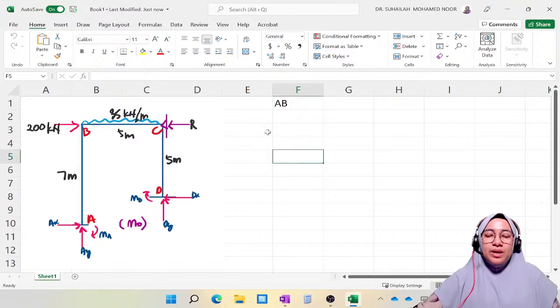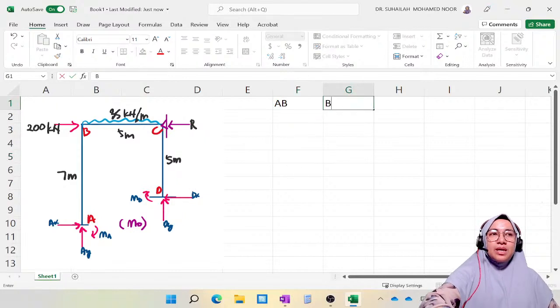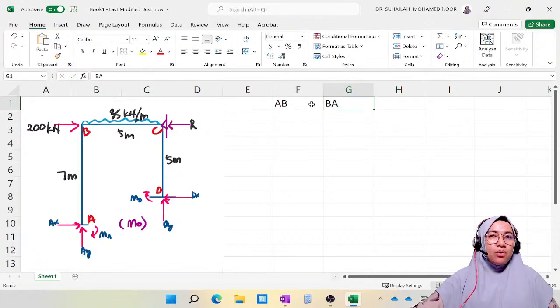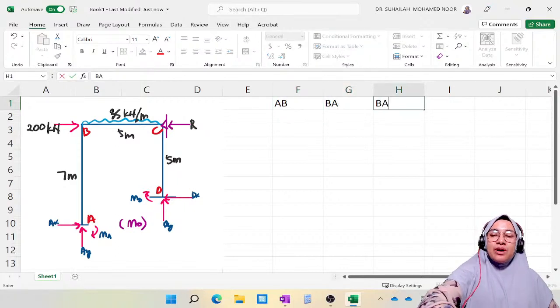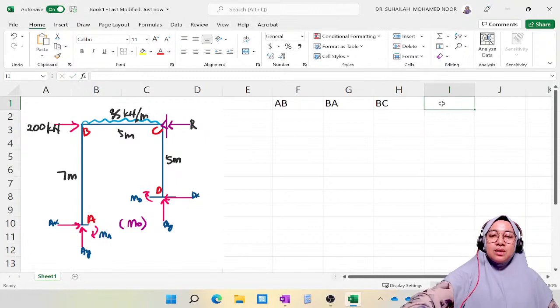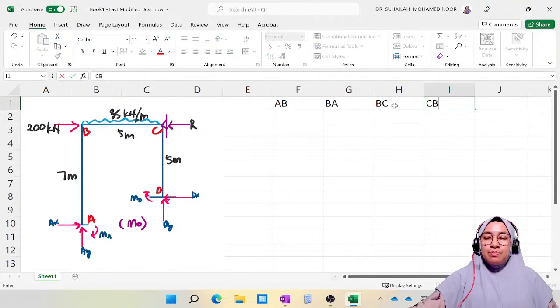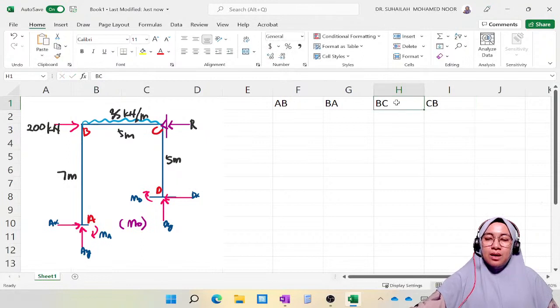So we have AB and then BA. This is for member number 1, end number 1 and end number 2. We have member number 2: BC and CB. So BC is end number 1 for member BC, CB is end number 2.